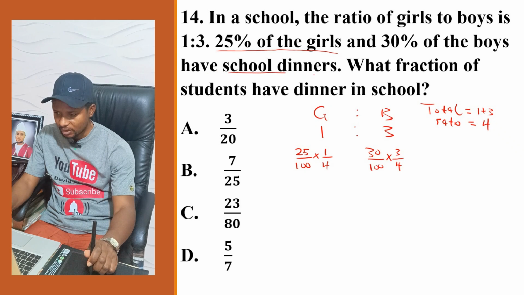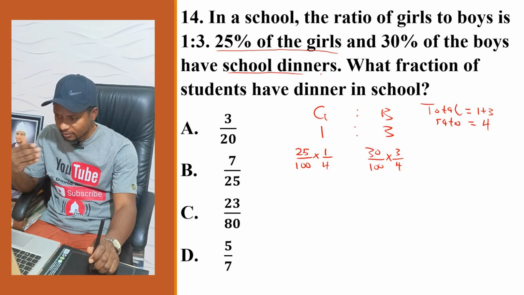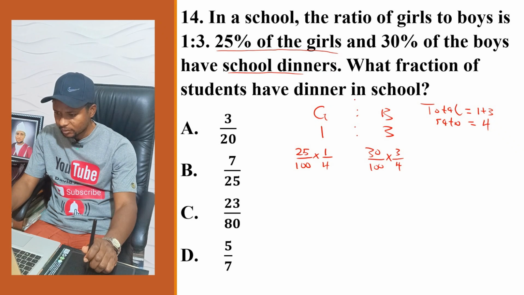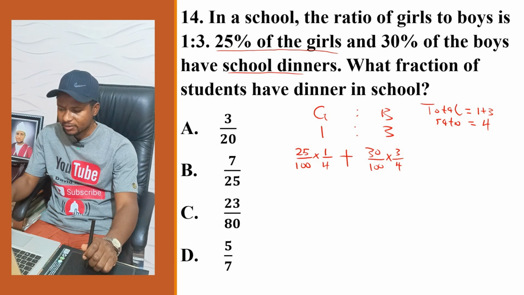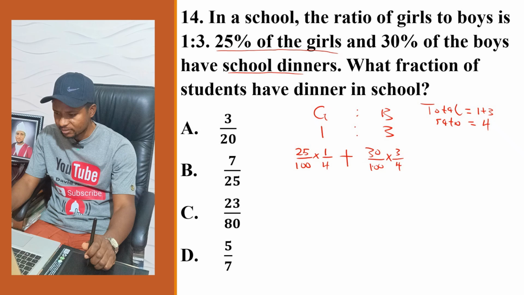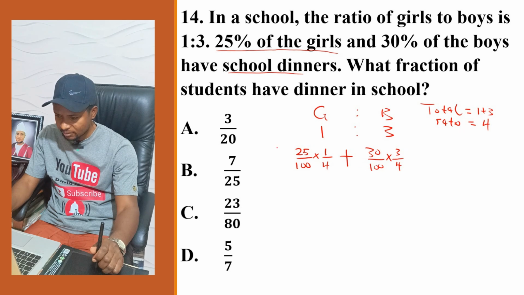Have school dinner. So the question is, what fraction of the students have dinner in the school? So just add up. Since we are using total whole as 1, you just add up this and you're good to go. 4, I can use 25, but I can't use 25 here.